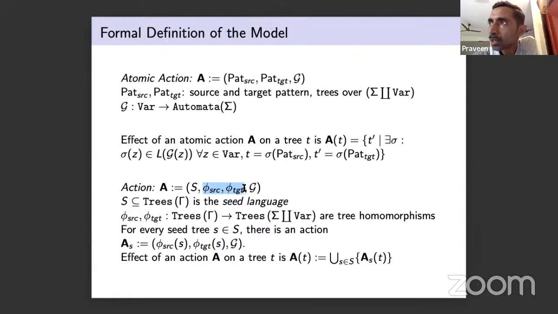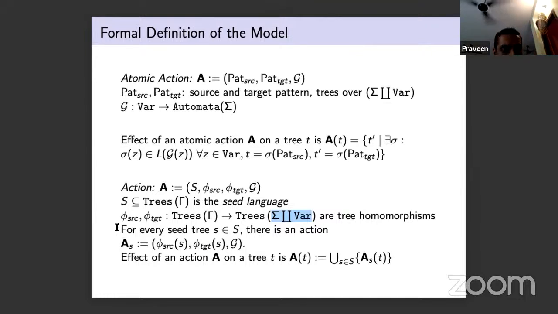And by the way, the bimorphism here is known to capture, for example, many tree transducers, bottom-up tree transducers, top-down tree transducers, and MSO definable transducers also. So this bimorphism is just one way of representing classical tree transductions. And here what we are doing is on top of it, we are adding variables from the seed language, and then we are getting a more expressive formalism out of it.